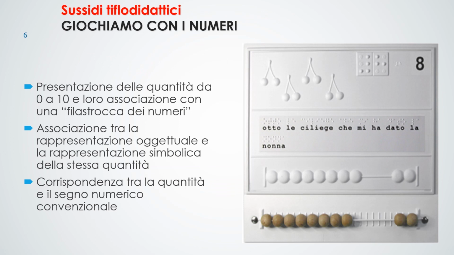Let's play with numbers. It is a typhlodidactic aid for the presentation of quantities from 0 to 10. It is made up of an operational base with a mobile abacus and 11 cards, each concerning a number from 0 to 10. The cards are organized in 3 bands, which show respectively: at the top the object representation of a number, the relevant number in Braille, enlarged and standard, and in black.